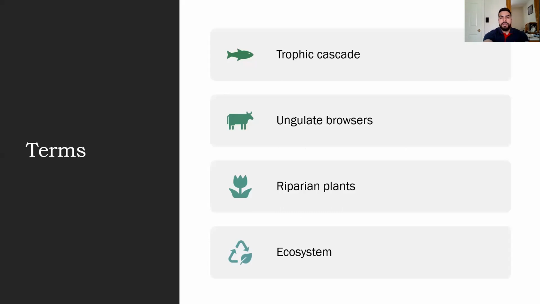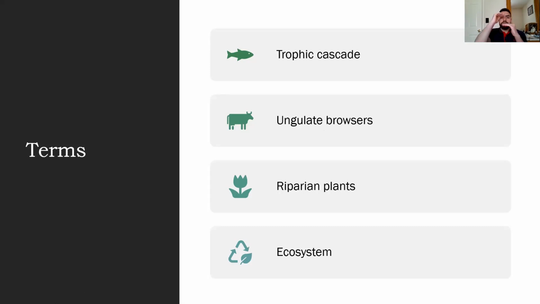Before we dive in further, we should go over four words that, if you fully understood them, this presentation will become a lot easier. The first word is trophic cascade, an essential theme in this presentation. A trophic cascade is a side effect when a trophic level of the ecosystem is either reduced or removed. Their ecological species interactions keep the entire ecosystem balanced.